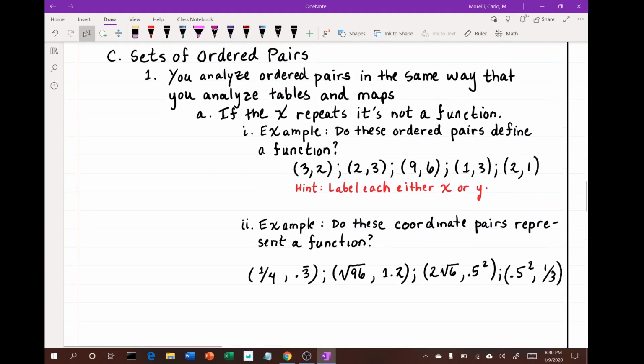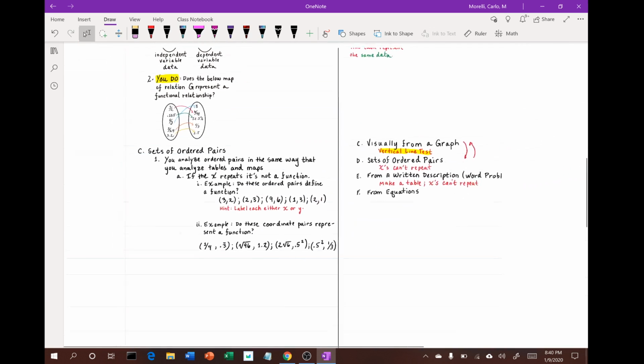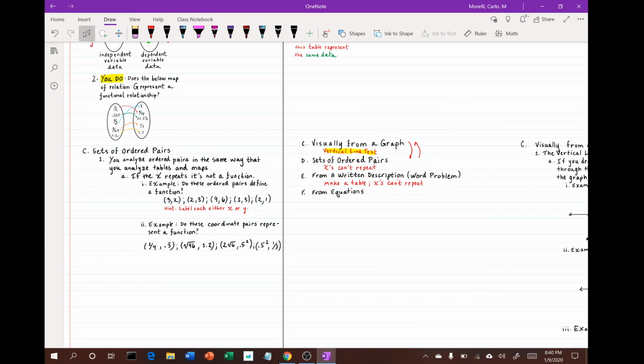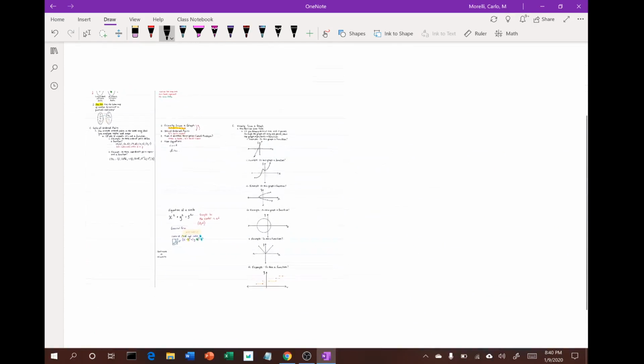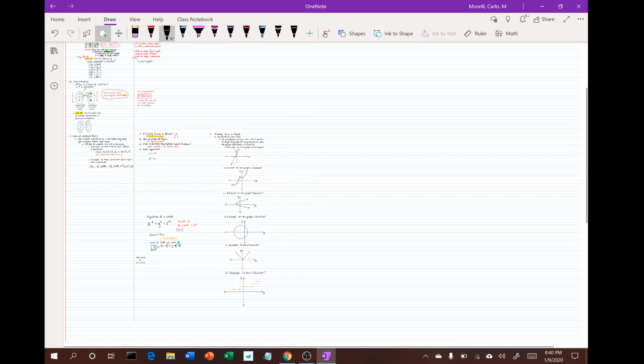All right. So I did sets of ordered pairs now from a written description and from equations. And when we talk about equations, that's when we need to talk about continuous and discrete. So now I gotta, so then we did visually. Okay, so don't mess this up, bro.